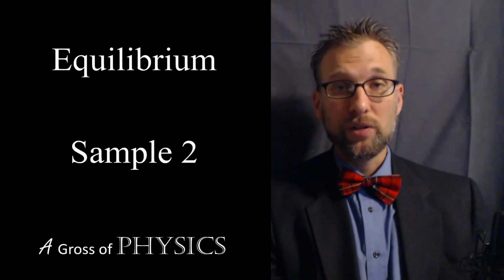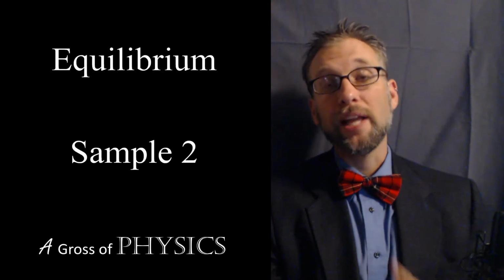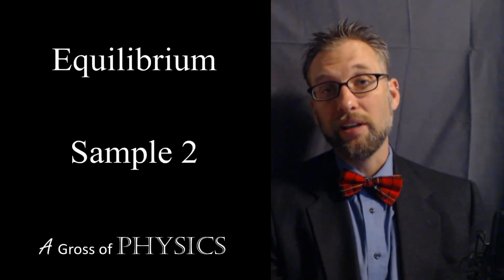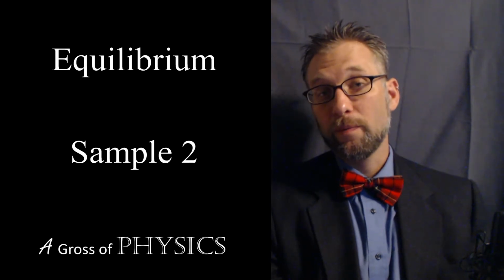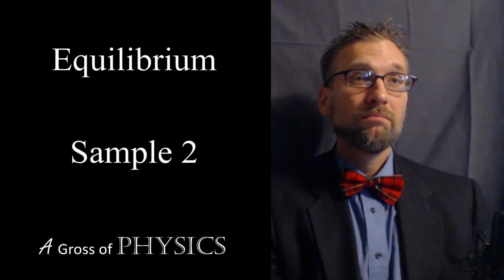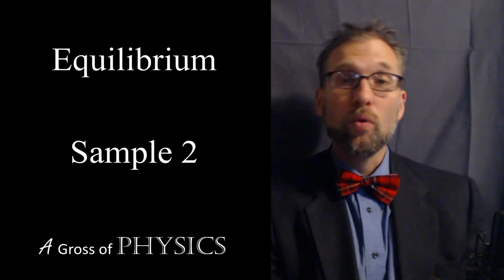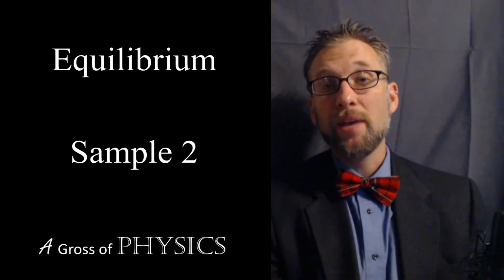So if you're using T for tension, you'll have to denote each tension separately. So one would have to be T1 and the other would have to be T2. You could also use A and B. So one side would be A and the other side would be B.